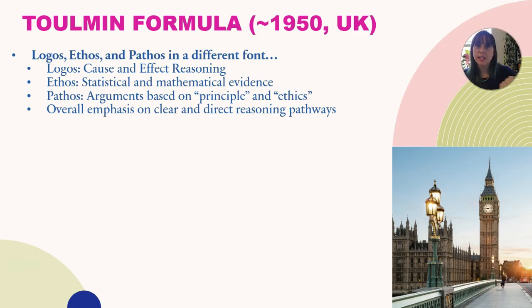Ethos tends to lean more heavily on statistical, mathematical, fact-based data rather than the opinions and viewpoints of experts, so to speak. The pathos is often based on the principles or the ethics underlying the argument more so than emotions and feelings. And the overall emphasis is on trying to create an argument whose reasoning is so clear and direct that it's beyond refute.